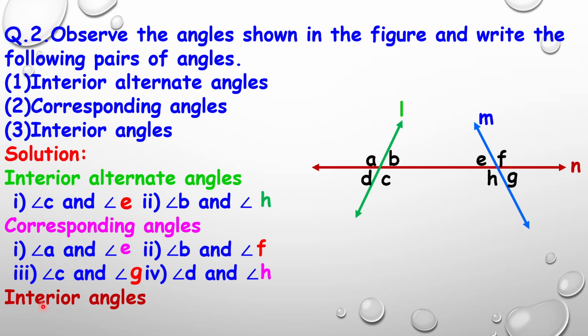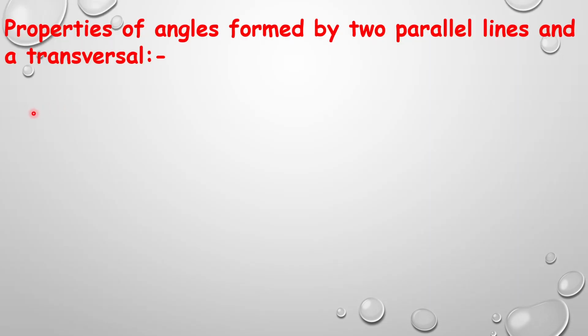First angle given is angle B. Which is the interior angle of angle B? Correct. Angle E is the interior angle of angle B. Second angle given is angle C. Observe the figure, which is the interior angle of angle C? Yes, angle H is the interior angle of angle C.